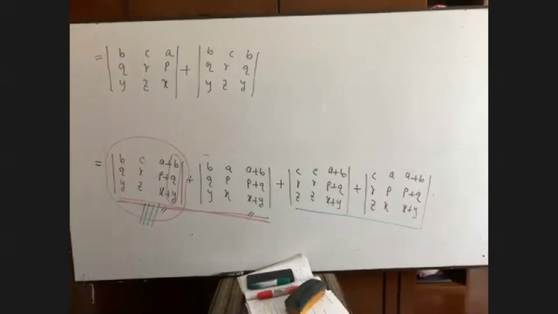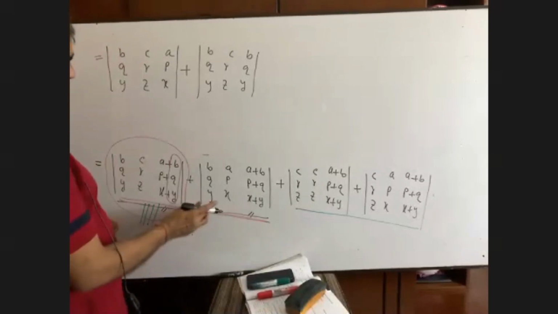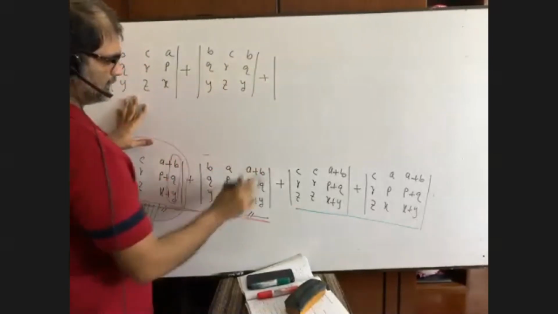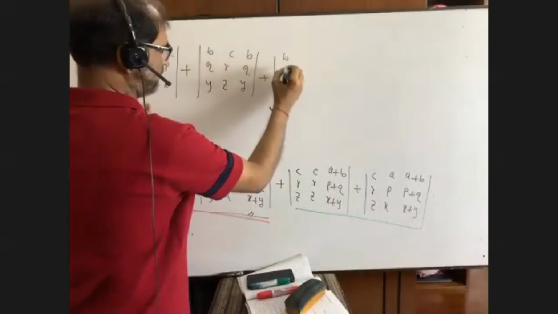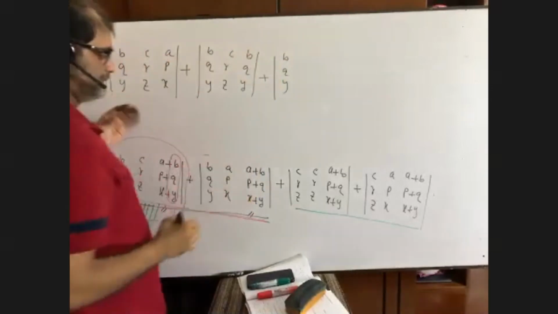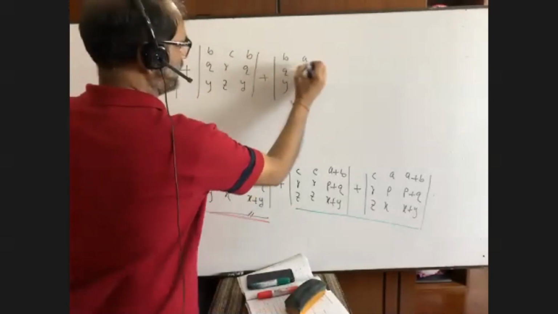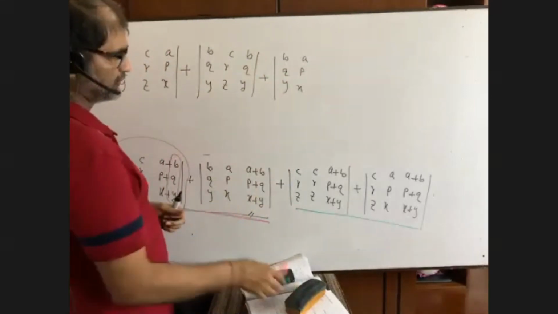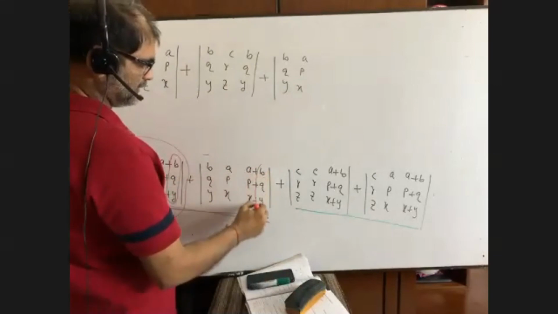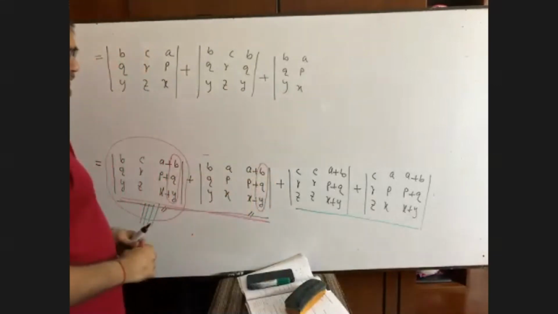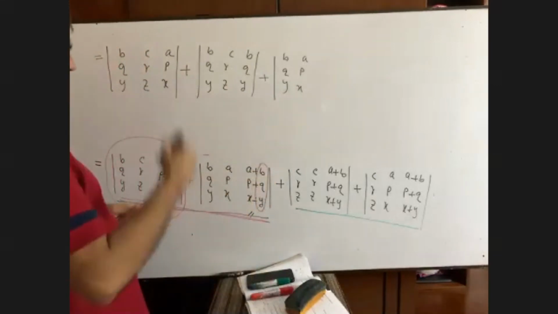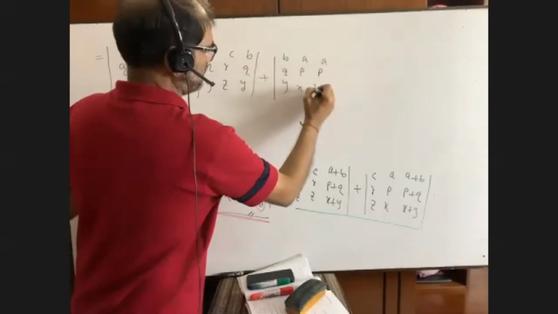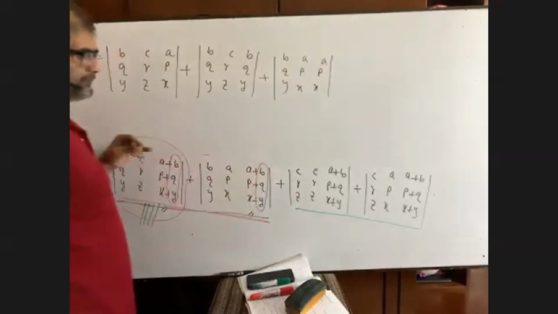Okay, that's good. Now let me know for this part. B, Q, Y, A, P, X. Then you separate this part. Let me know what will be. APX again, right?